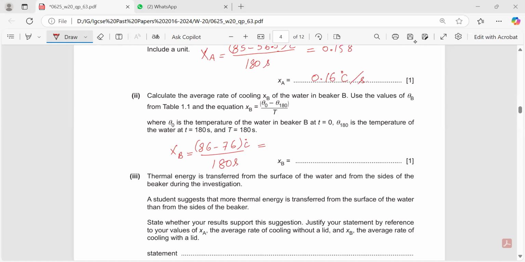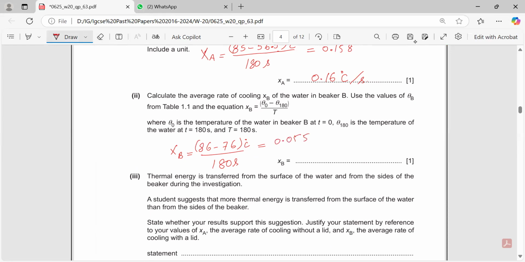The answer is 0.0555. So I'm going to write 0.056, and don't forget to write the unit degrees Celsius per second.